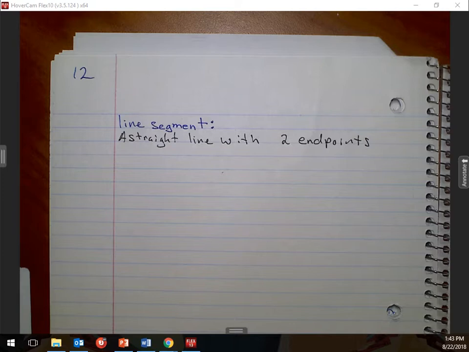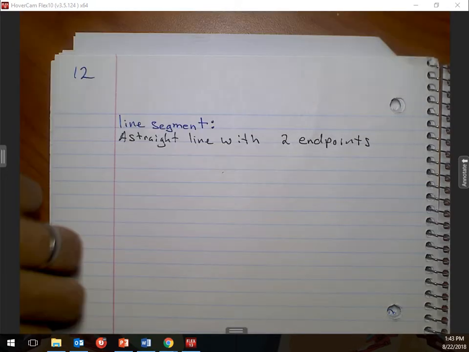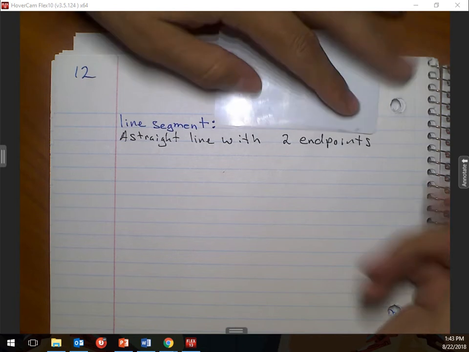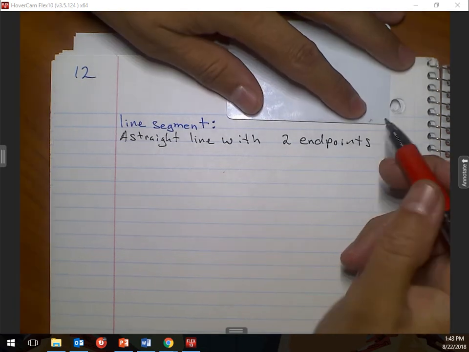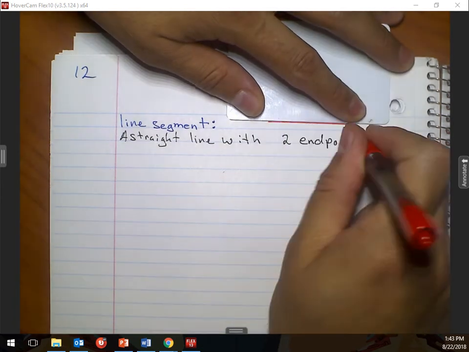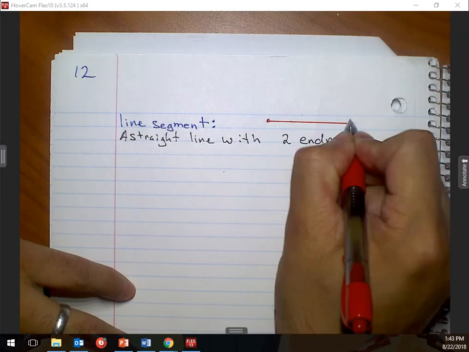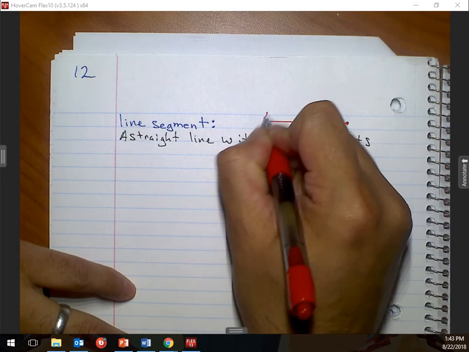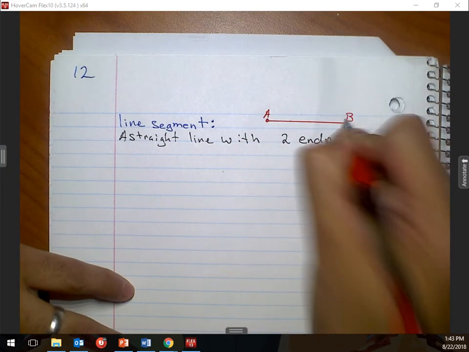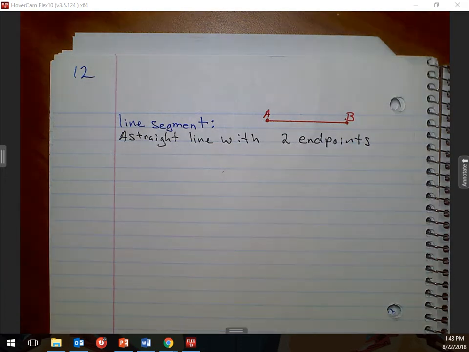So now we're going to draw a line segment. So over here, next to this, I'm going to draw a line segment. I'm going to call this one A and call this one B. There's my endpoints.